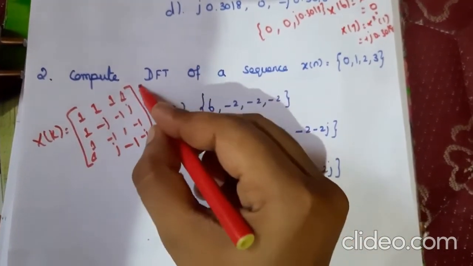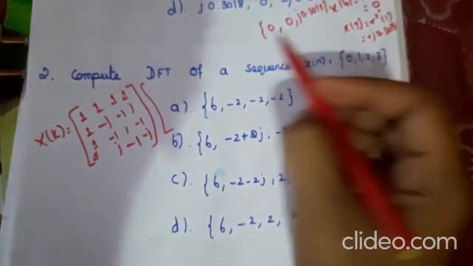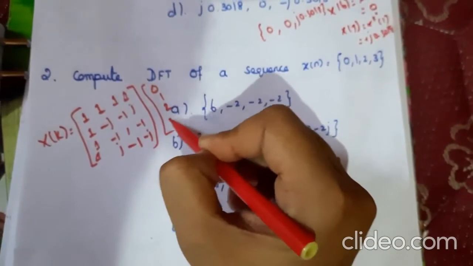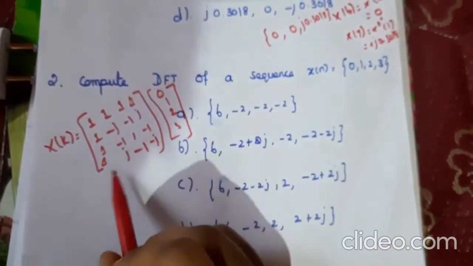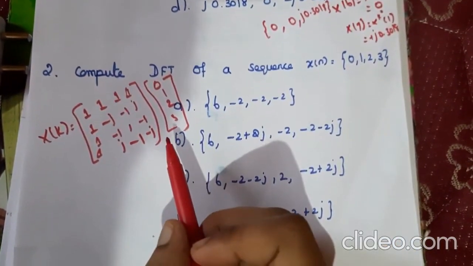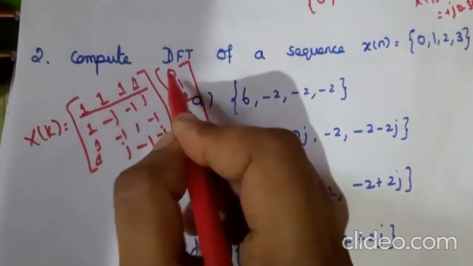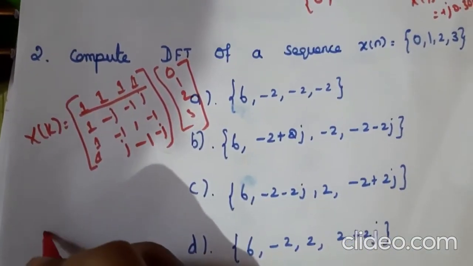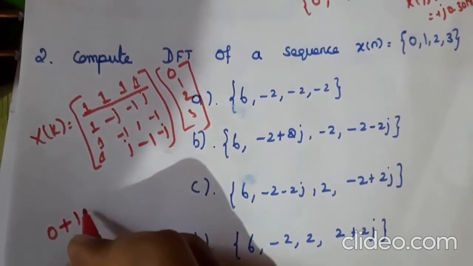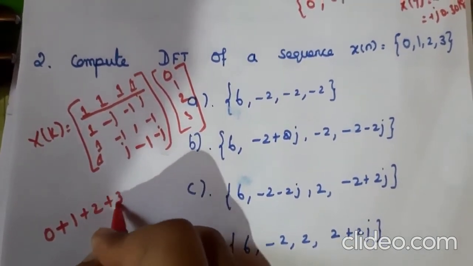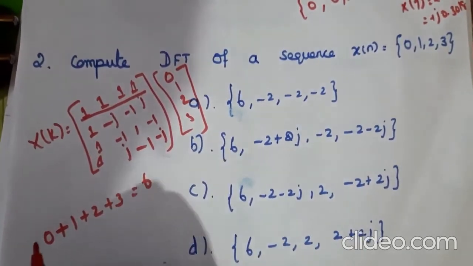Taking the input sequence 0, 1, 2, 3 and solving by matrix multiplication, the first point is 0 plus 1 plus 2 plus 3, that is equal to 6.